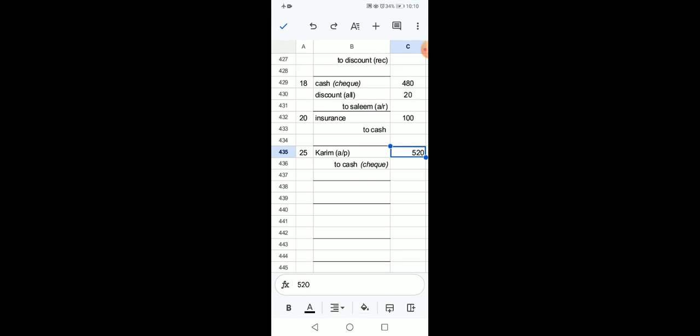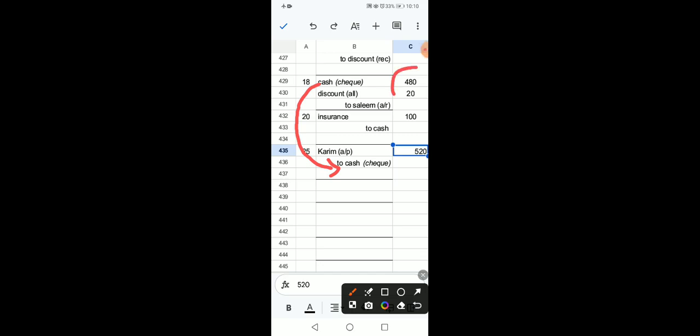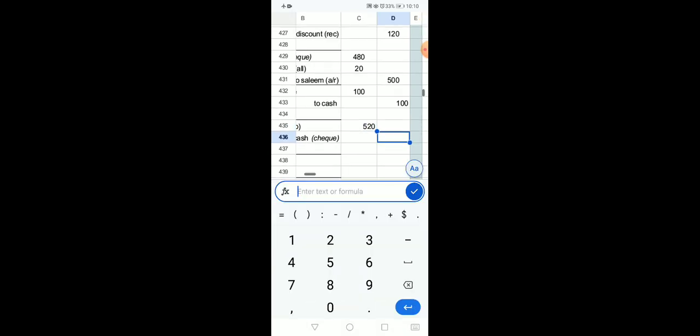I think I have taken the picture, and due to some issue that 520 is not seen, but please consider it as 520 as I have my book as well. So 520 is the total amount which was payable to Kareem. But how much is the amount of the check? Since the check is an old check and the same check we are providing to Kareem, the amount of the check was 480. So you will write 480 over here on credit side.